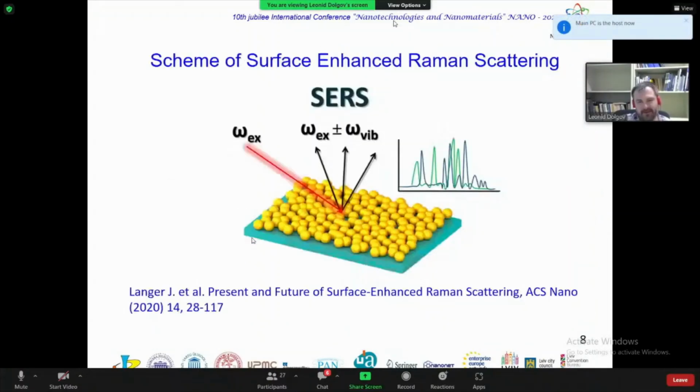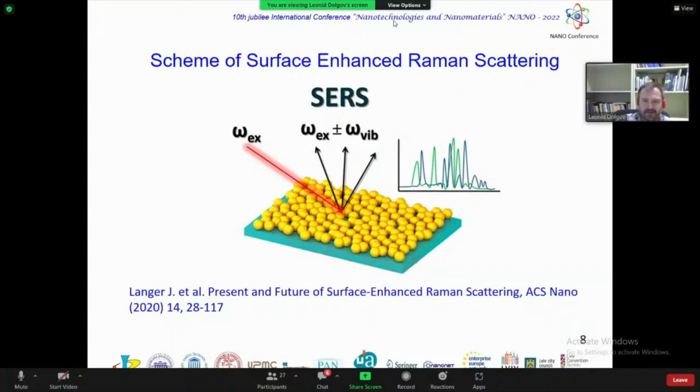A further interesting example is so-called surface enhanced Raman scattering. It's a scheme where you excite your sample with some frequency, but a very small part of the scattered light has frequencies which differ from the excitation frequency.